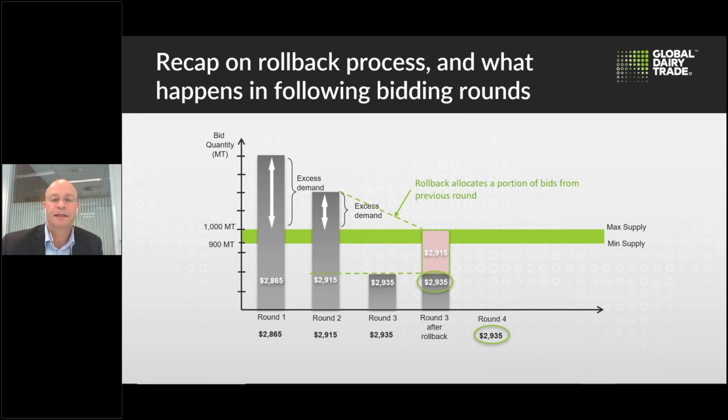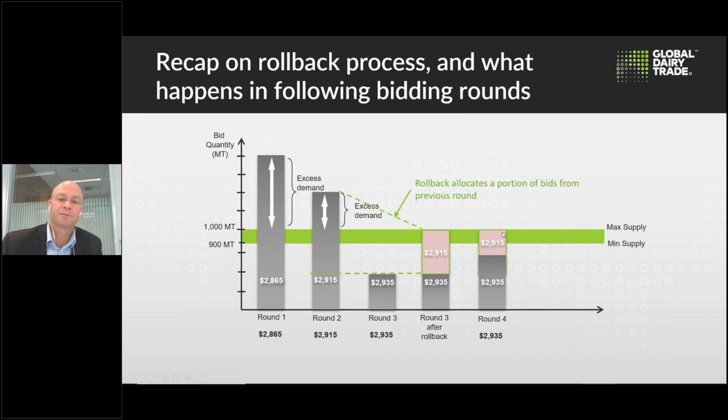Now, it can be that more bids will come in at that higher price and knock out some of the lower price bids, because it could be that someone is bidding on another contract period or another product, and those prices are going up more, and so now they want to buy the cheaper product, and so they switch their bids in. And so even though back in round 3 they weren't prepared to buy at that price, now they are. So more bids have come in at the higher price.